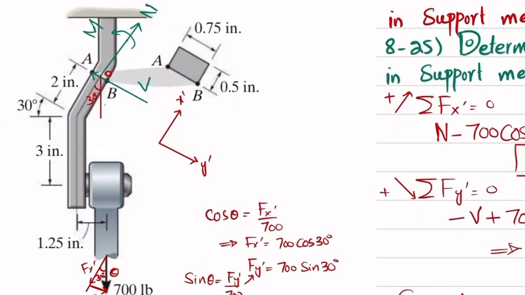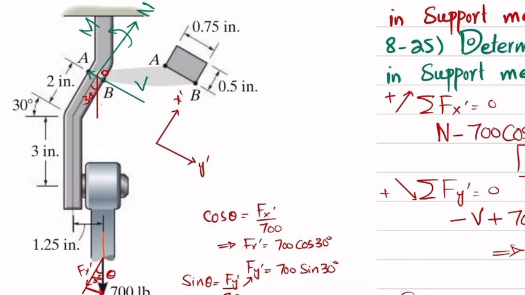Now you can see that this is the perpendicular distance, into this 700 force, which will produce a clockwise rotation about this point O. So how will you find this distance?